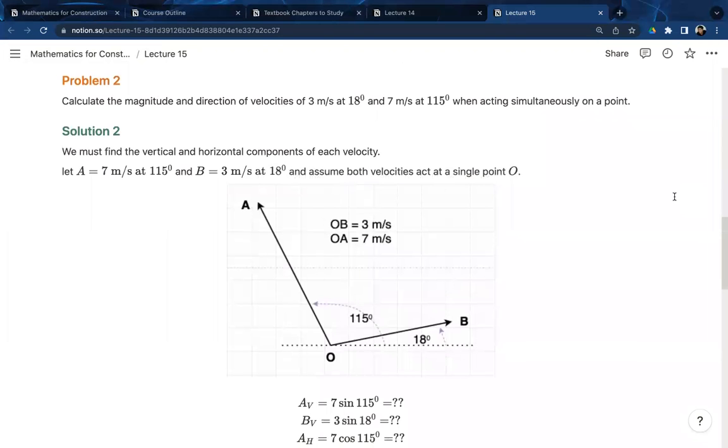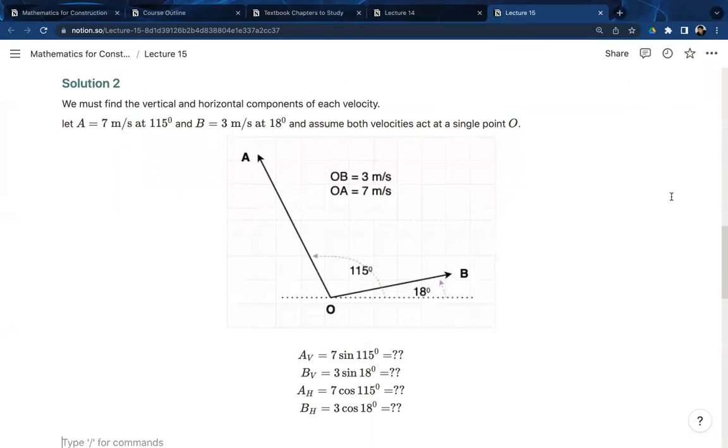So we have to find the vertical and horizontal components. So the vertical component of A is 7 sine 115. Vertical component of B is 3 sine 18 degrees as the vertical components. Horizontal components would be the cosines, right?